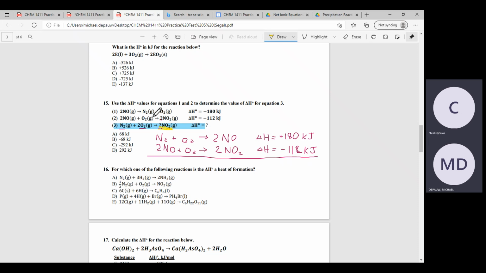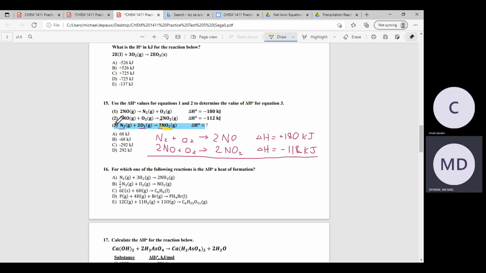Yes. And so I go to NO2. NO2 is only in the second equation, correct? Mm-hmm. So how many NO2s are in the overall equation? 2. And how many NO2s are in equation 2?